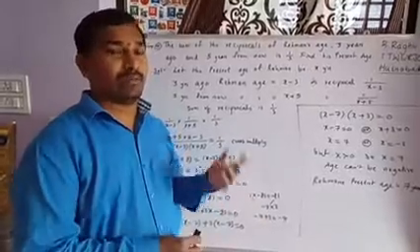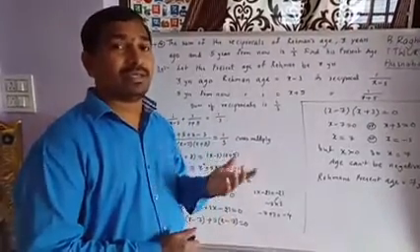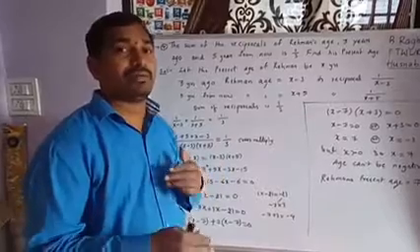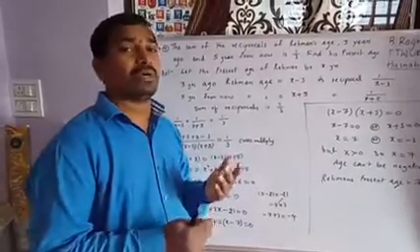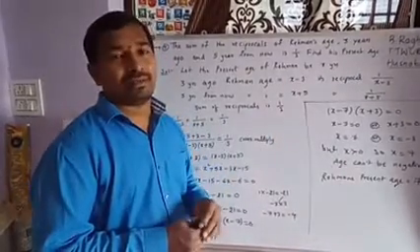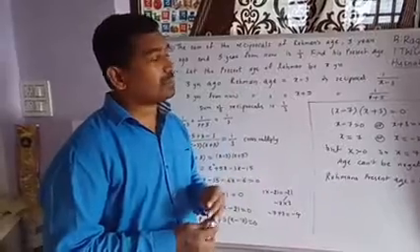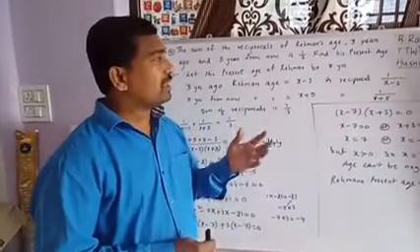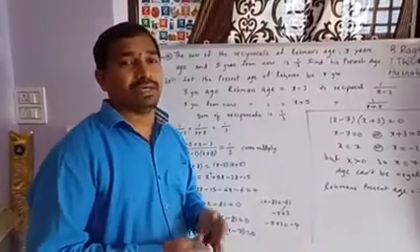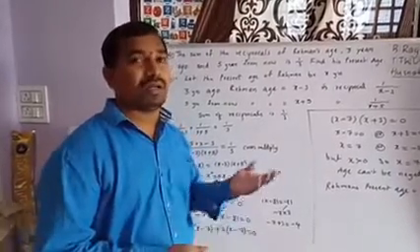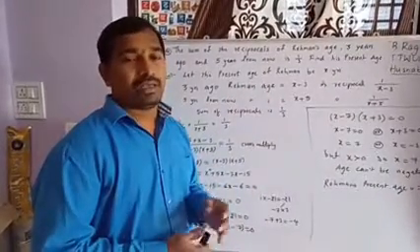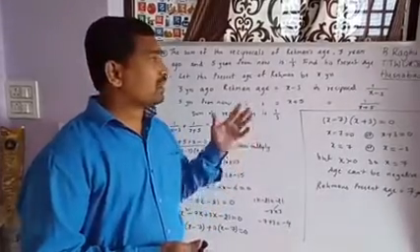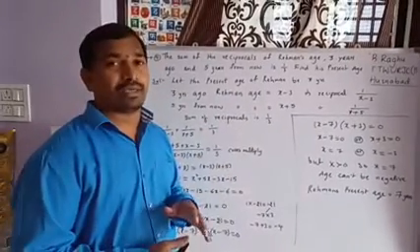So to find his present age, we don't know it, and by assuming some other number we can't get it; it takes much time. So let us solve this by converting into quadratic equations.